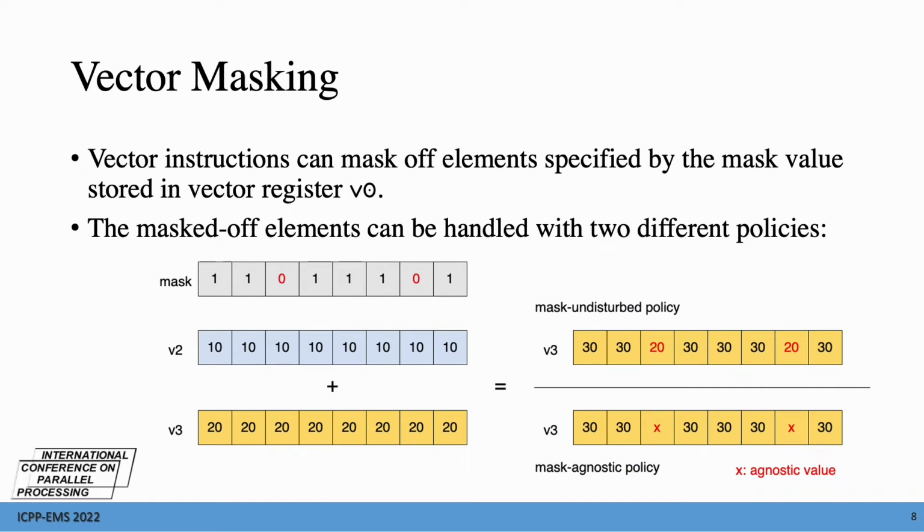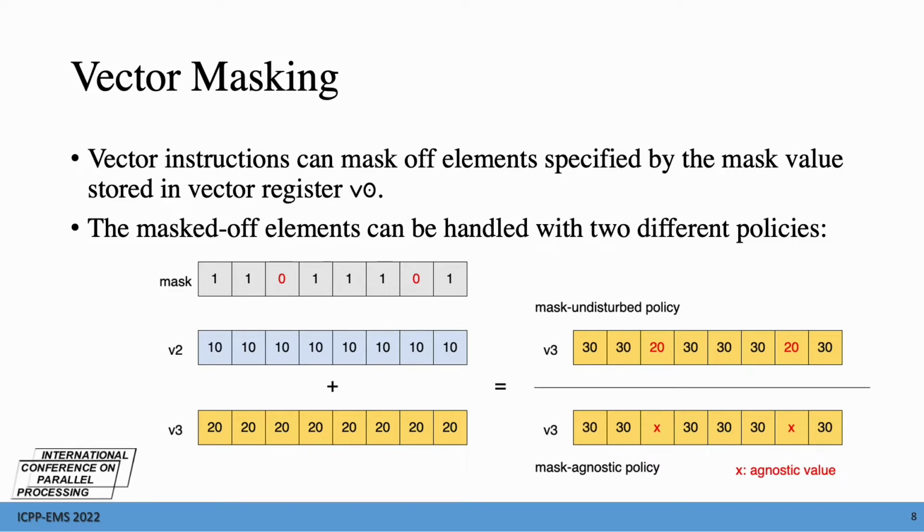RISC-V also provides selective execution with vector masking. Vector instructions can mask off elements specified by the mask value stored in the vector register v0. This can save the encoding for specifying the mask register. There are two different policies for determining the value of the masked-off elements. One is the mask undisturbed policy, and the other is the mask agnostic policy.